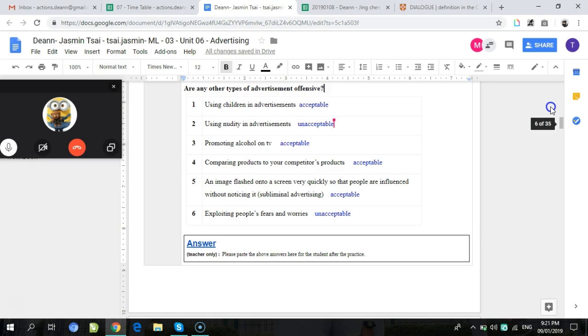So it encourages them to buy what they want. Maybe they want a new notebook or a new kind of pen. Okay, a very good pen that they like. So of course that's acceptable. How about number 2?